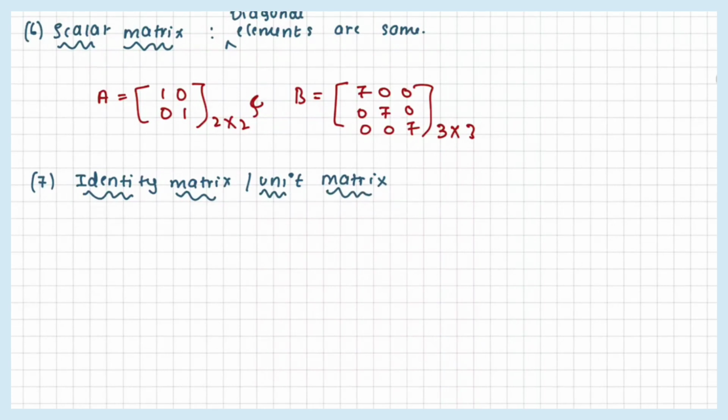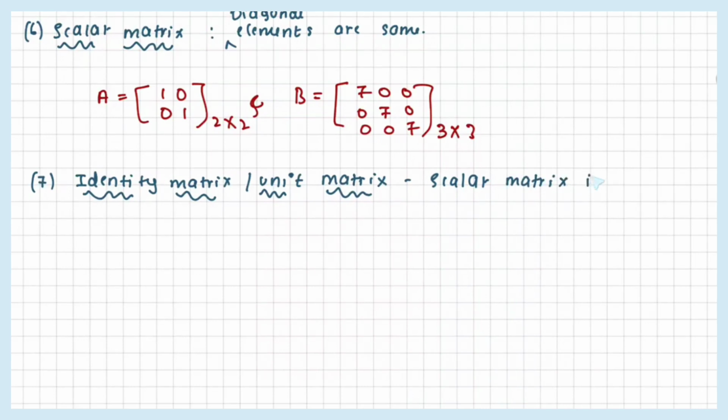From the name itself, you can identify the type of elements. The definition is that it is a scalar matrix. What is a scalar matrix? The diagonal elements should be the same number.